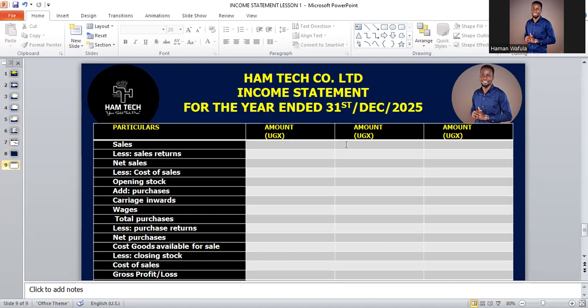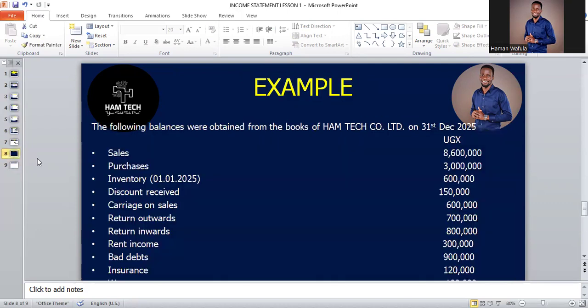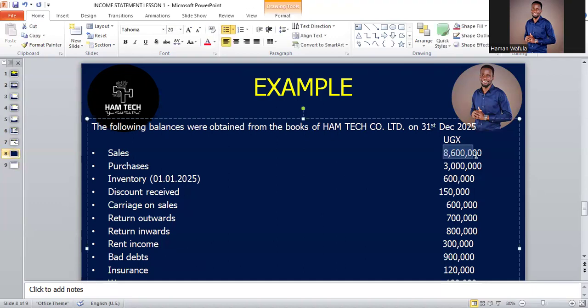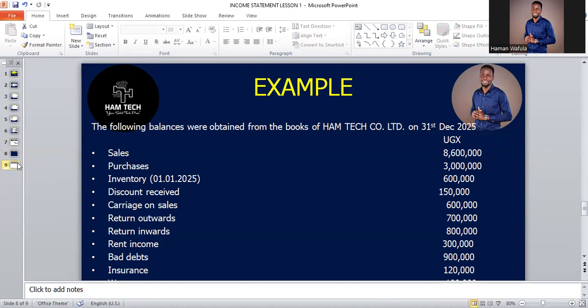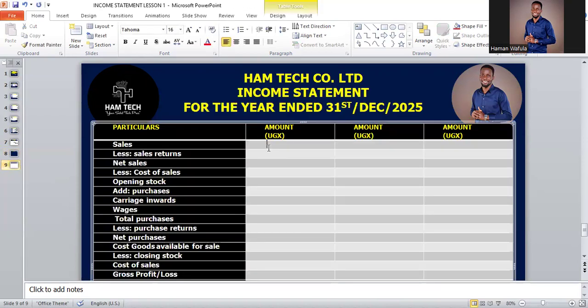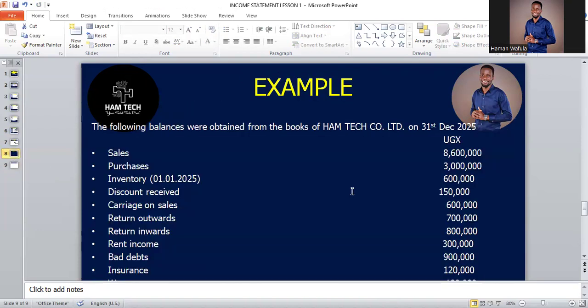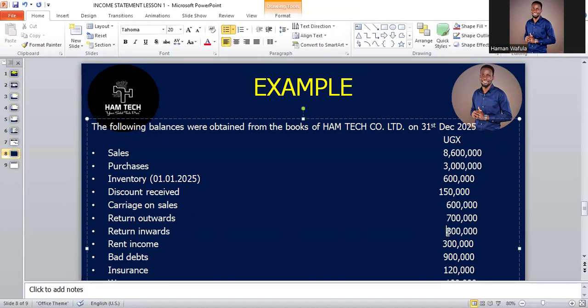The net sales is sales, of which our sales is 8.6 million. So we're supposed to write in this column 8.6 million. Then our sales returns, which is returns inwards, is 800,000.